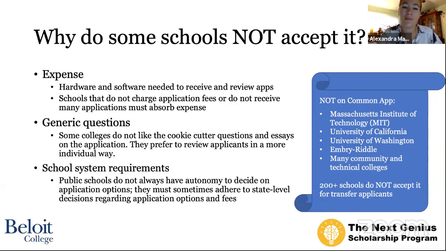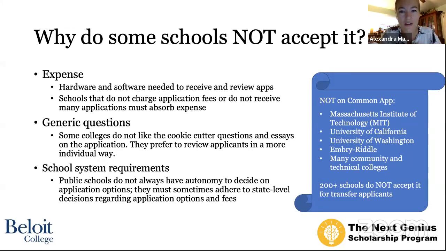Also, the benefit to the applicant is that you needn't fill out the same information over and over and over again. However, some colleges do not like these cookie cutter questions. They don't like that they're getting very general information from the student. Beloit College is one of those institutions that reviews very holistically. So we look at every single application carefully.